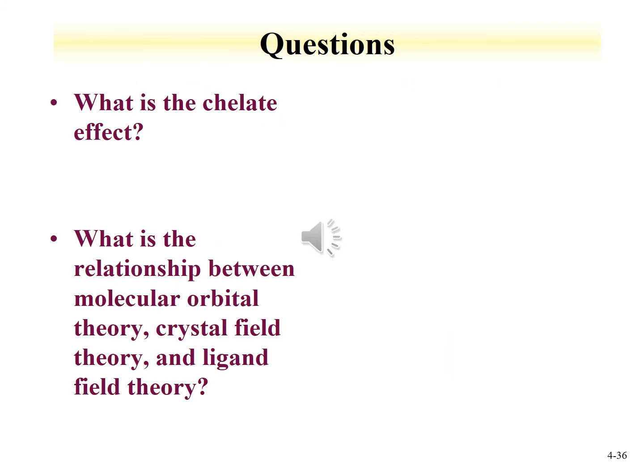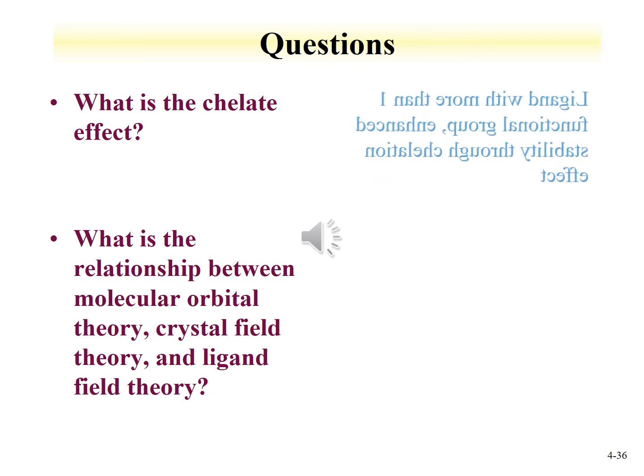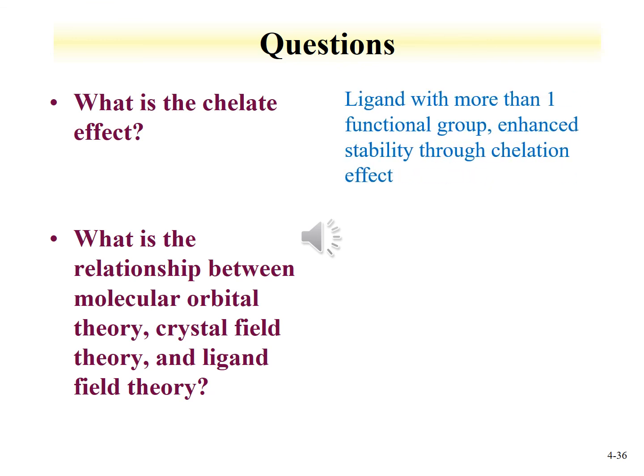Other questions you should be able to answer relate to bonding. What is the chelate effect? The chelate effect is when a ligand has more than one functional group and there's enhanced stability through this ligand with more than one functional group. So fundamentally, the chelate effect provides higher stability as a unit as opposed to two individual functional groups binding.